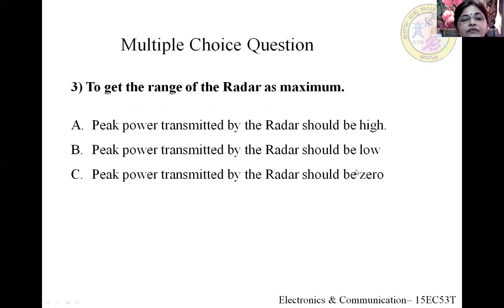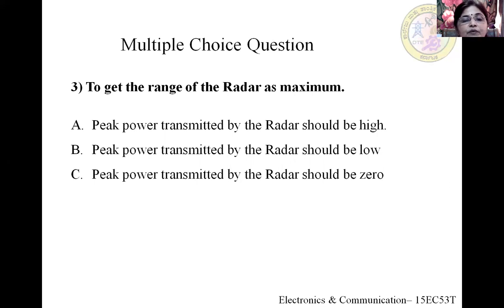So next we have question number 3. To get the range of the radar as maximum, option A, peak power transmitted by the radar should be high. Option B, peak power transmitted by the radar should be low.